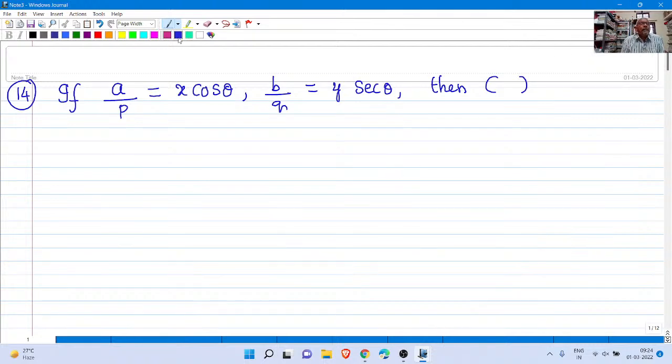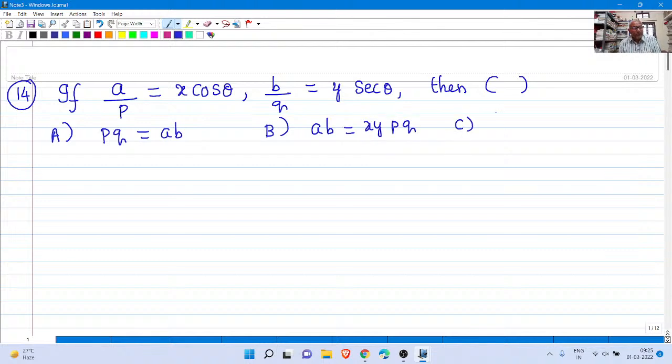So next, if A upon P is equal to x cos theta, B upon Q is equal to y sec theta, then option A: PQ is equal to AB. Option B: AB is equal to XY PQ. C: XY is equal to AB.